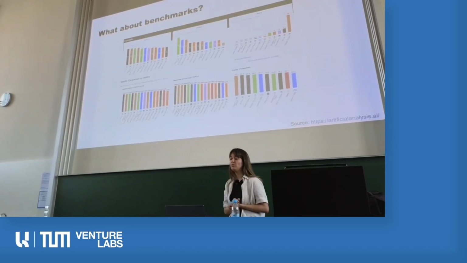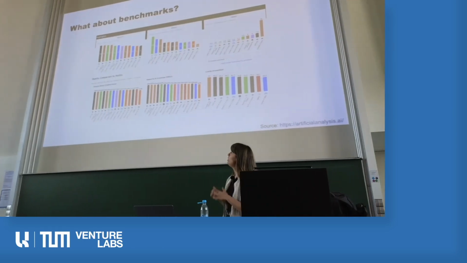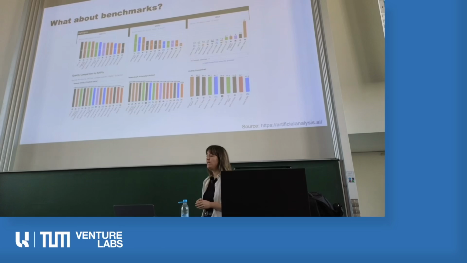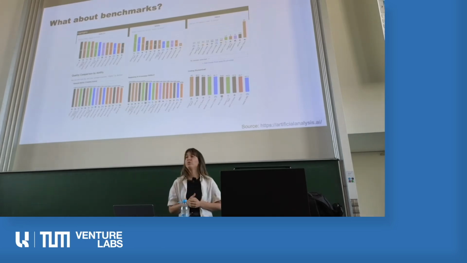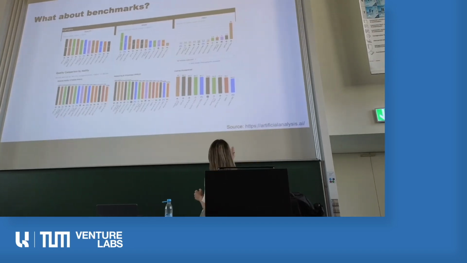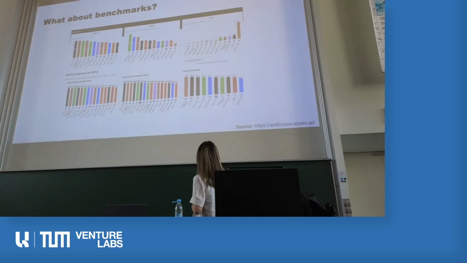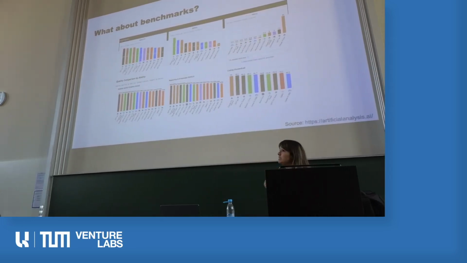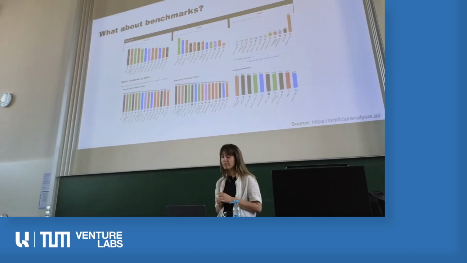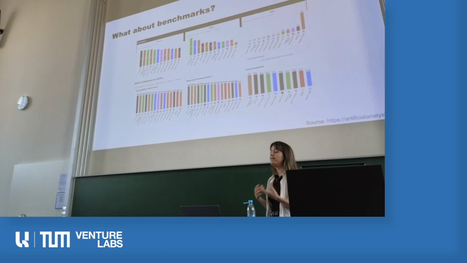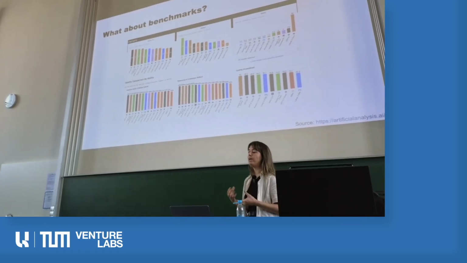And when it comes to benchmarks, what about benchmarks? Because as I said earlier, there are so many options that you can check, so many models, so many metrics. Where does one start? For example, there is this page recently deployed, artificialanalysis.ai. On this website, you can see all the different models, what they are good at and what they are not good at.